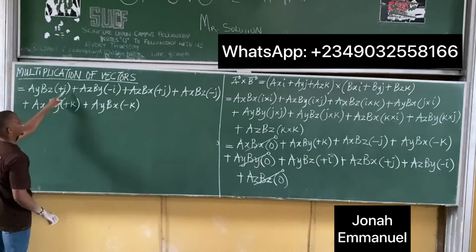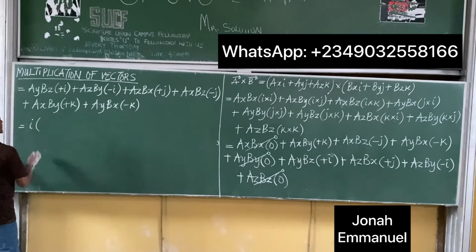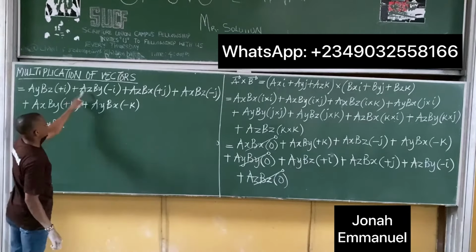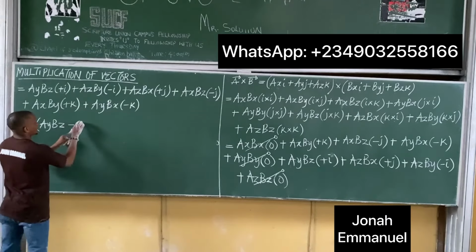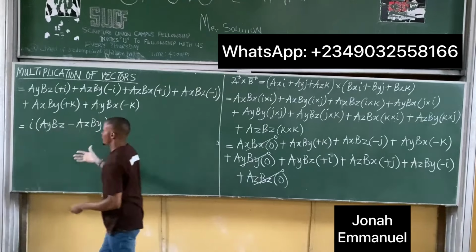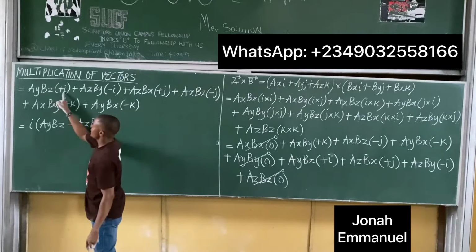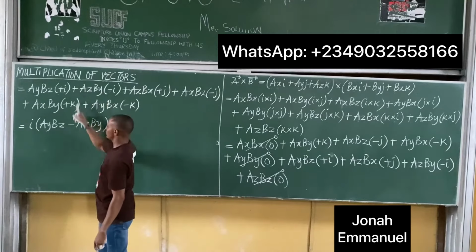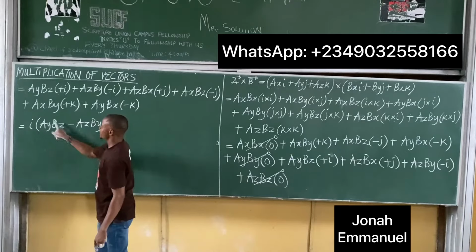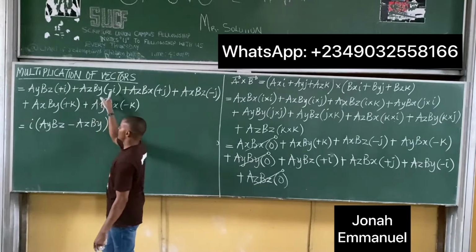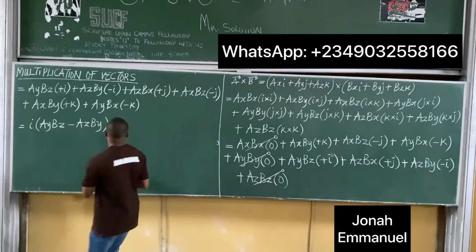That's equal to, I have i, so under i, of course, positive i times this is AYBZ plus minus is minus AZBY. At this point, we factorize, okay? So this times i, the i comes here, so positive i to this, minus plus comes here, so i times this gives you this, my i times minus this gives you this minus, same thing, just factorization.